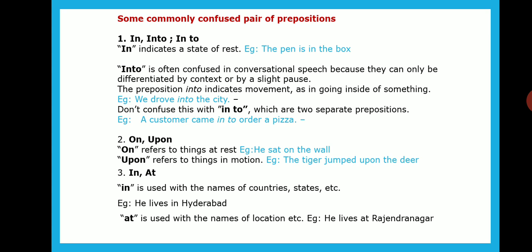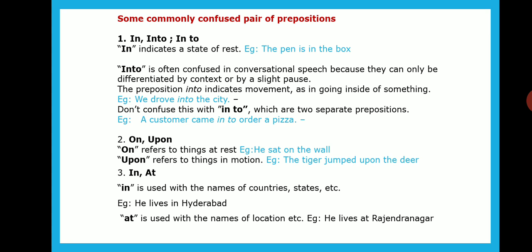So I am just throwing it into the box. I hope you understand. Don't confuse this with in to. They are two separate prepositions, not the same. Example given here: A customer came in to order a pizza. You have a pause there.